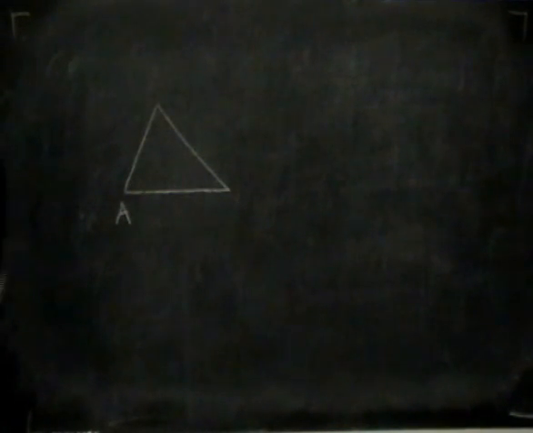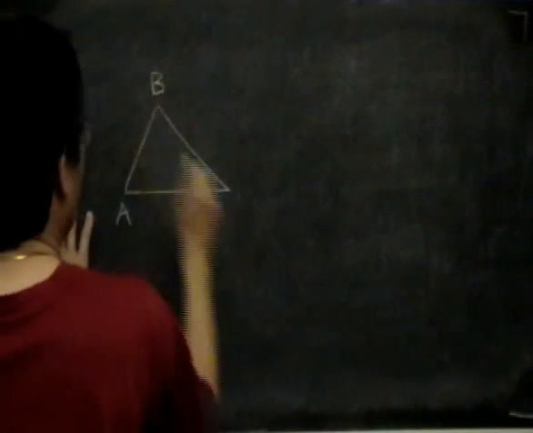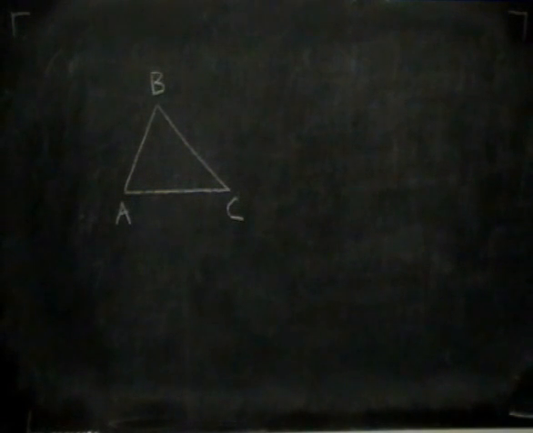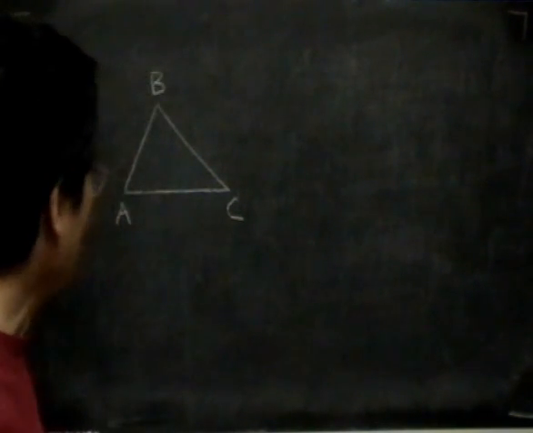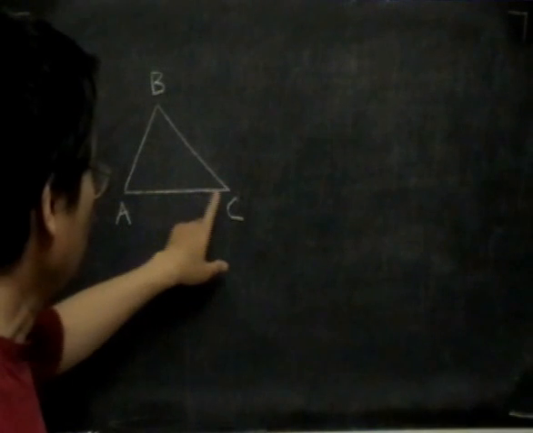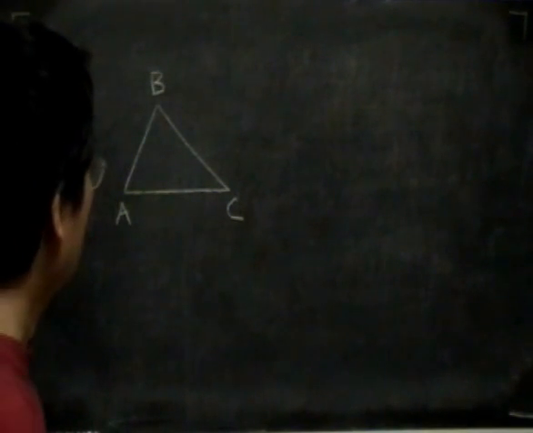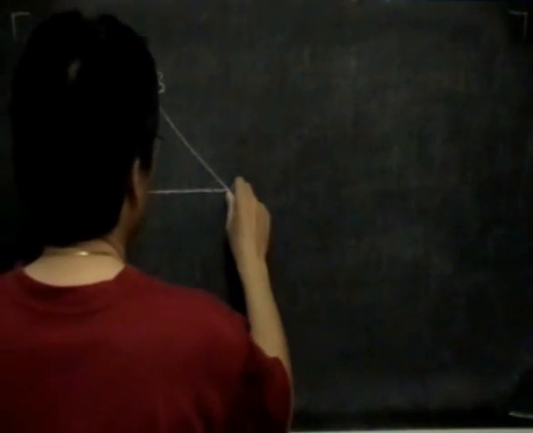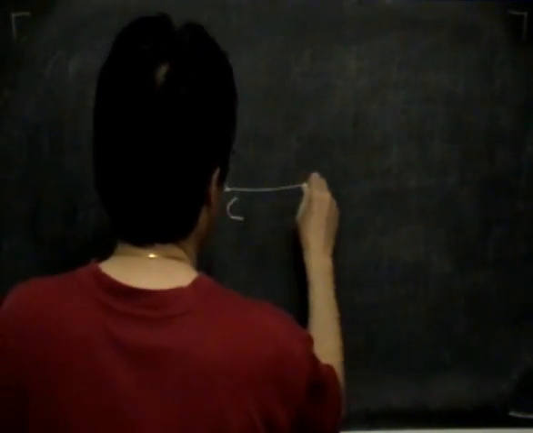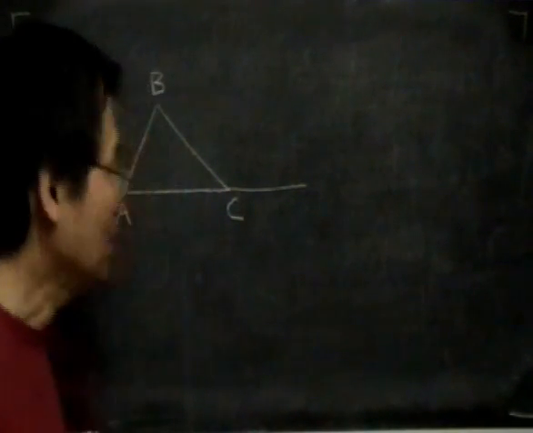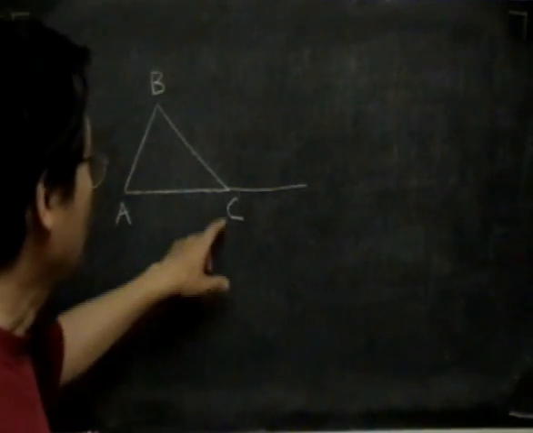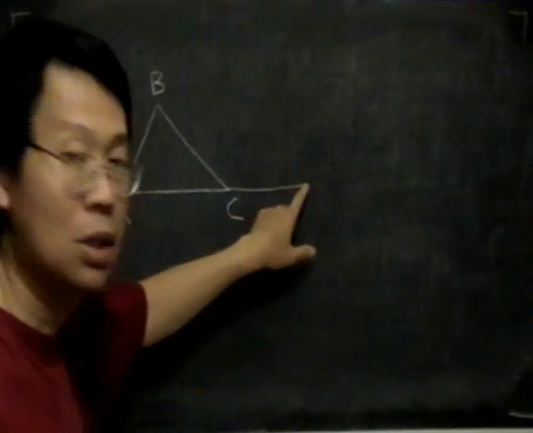I'm going to call it A, B, and C. Now, what I'll do is choose one of the sides. Let's say I choose AC, this bottom side, and I'm going to make it longer. I don't mean make the side longer, I mean to draw a line along this line so that it comes out.